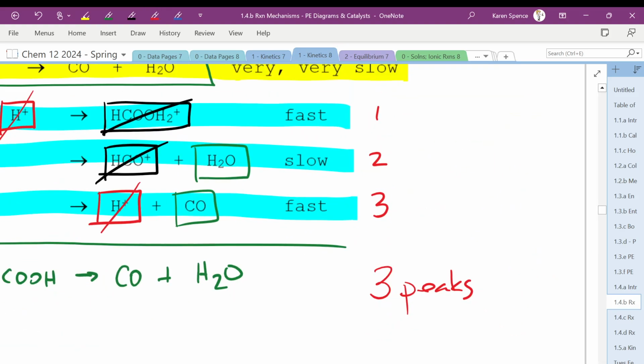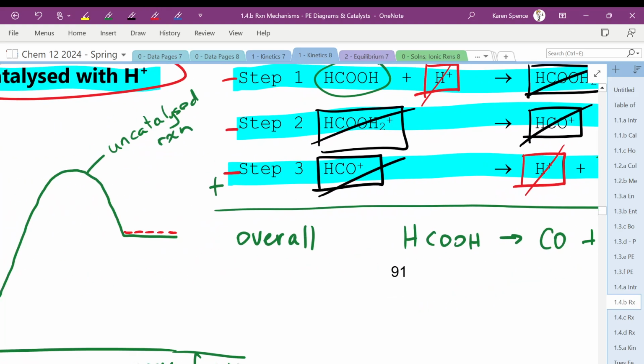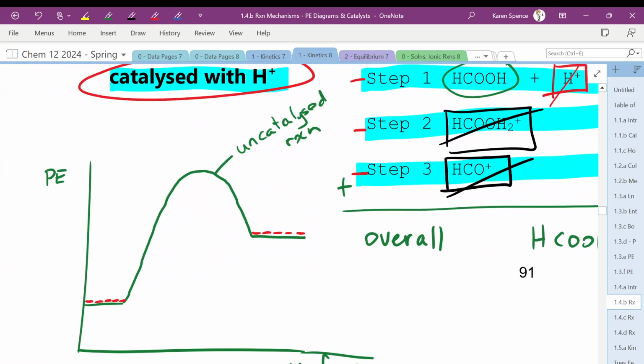The second one, because that is our slow step. So when it comes to the height of the first and the third peak, it doesn't matter which is higher. We just don't know. You can make them the same, you can make them different, as long as peak number 2 is the highest.